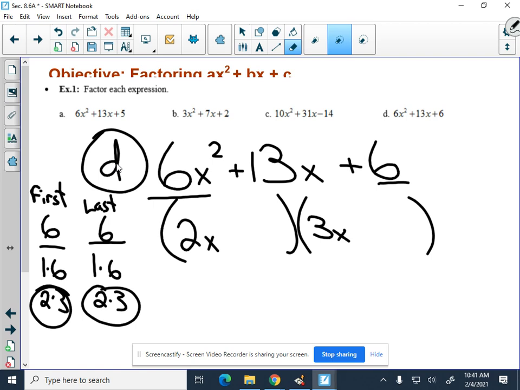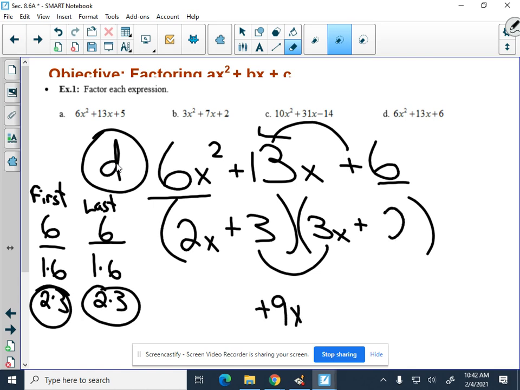Now, one of the things, if you get good at it, you'll start to recognize things a little bit quicker. Since it's positive, I know they both have to be positive. Since both are positive, they have to add up to 13. I'm going to put the 3 here. That's positive 9x. Then I'm going to put the 2 here, and when I multiply that, that's 4x. I got 13x.